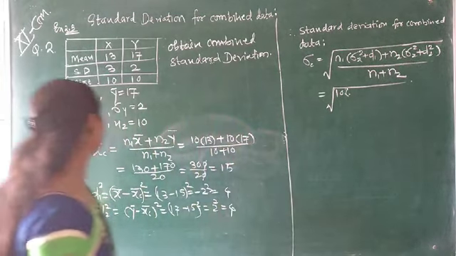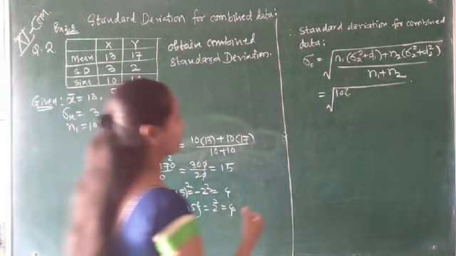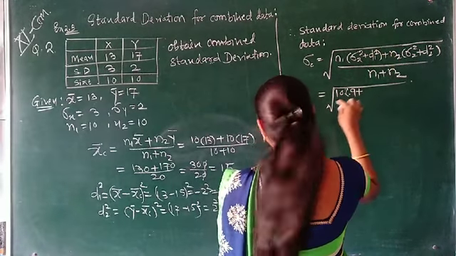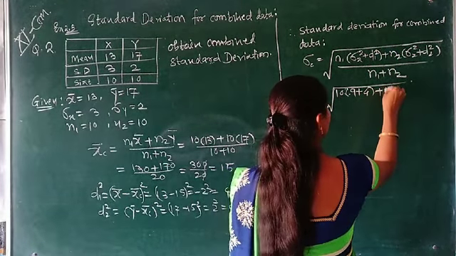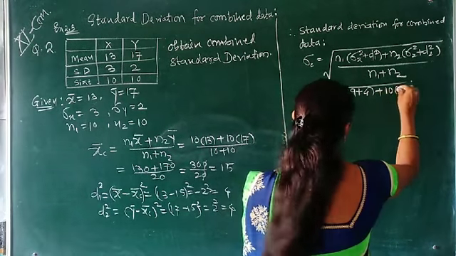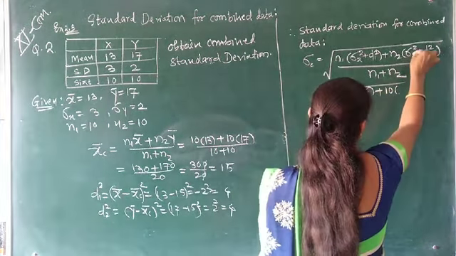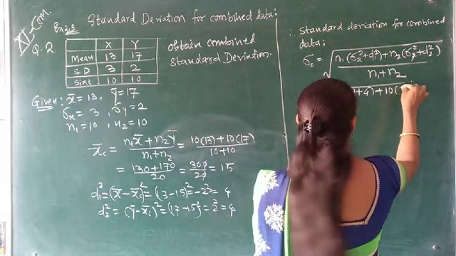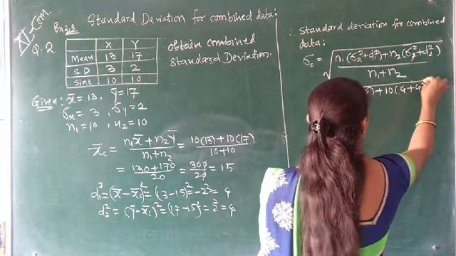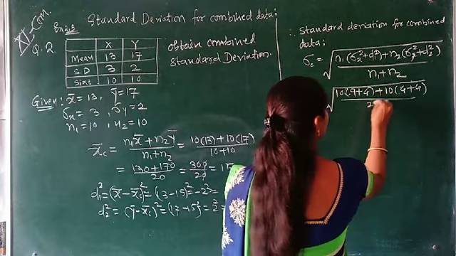Sigma x is 3, so its square is 9, plus d1 square which is 4, plus 10 into sigma y square, sigma y is 2, hence it is 4, plus d2 square which is again 4, divided by 10 plus 10, which is 20.